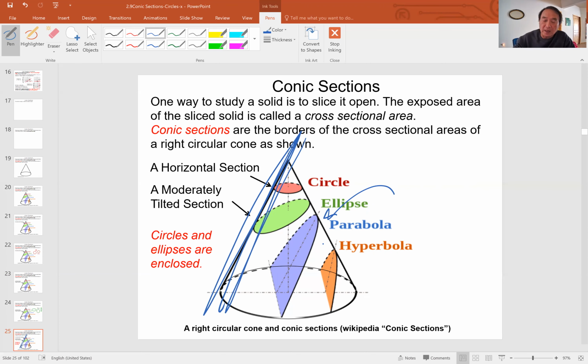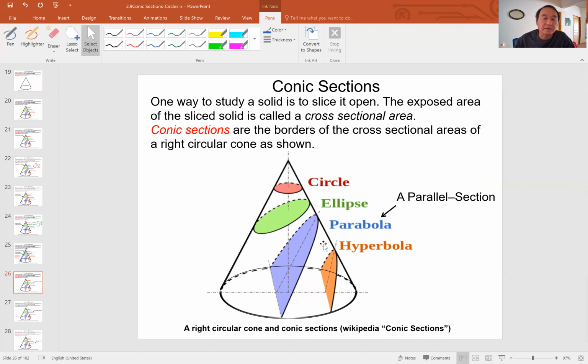It's just a real long slice parallel to the side, and then what it exposes is a parabola, and we went through that already. And that's basically one special case of the second degree equations.